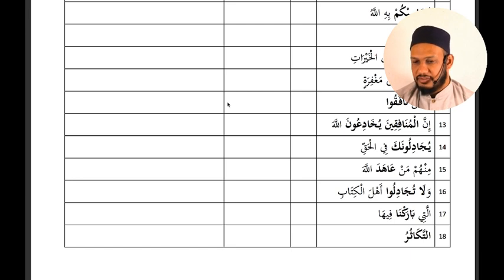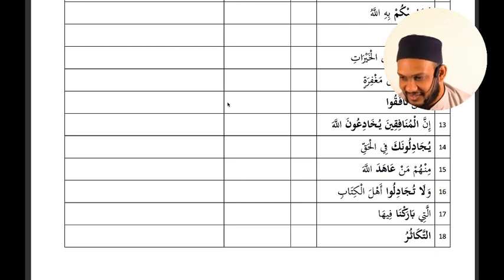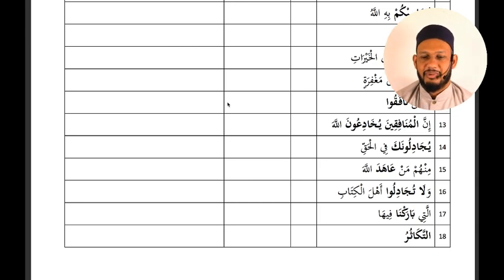Takathara yatakatharu takathuran. It's the masdar of the 6th bab. I don't know how it's kept in there. It was missing the 3rd bab, so it came to visit. But it's actually the masdar of the 6th bab. Okay, so let's leave out takathur. The 6th bab and the 3rd bab are a bit similar, but that's actually on the 6th bab.